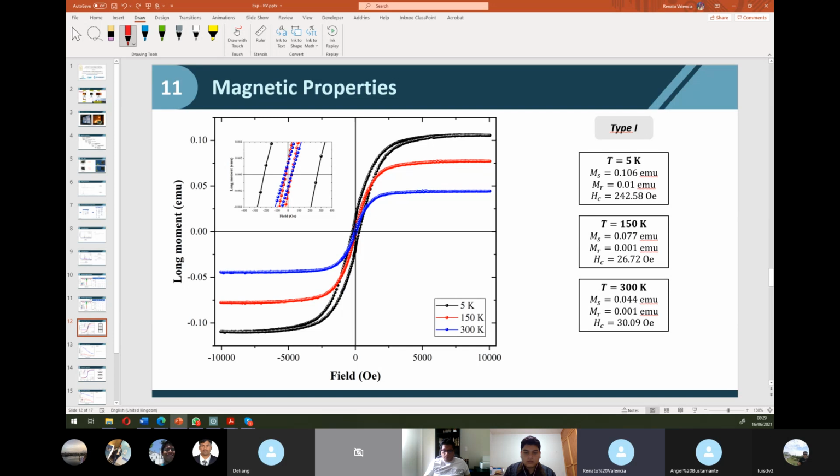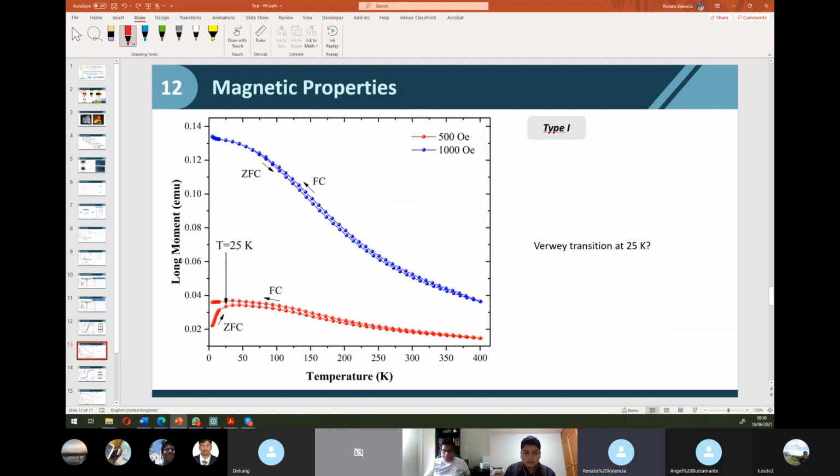But this sample, due to the existence of magnetite, shows a hysteresis loop, and this is ferromagnetic behavior.